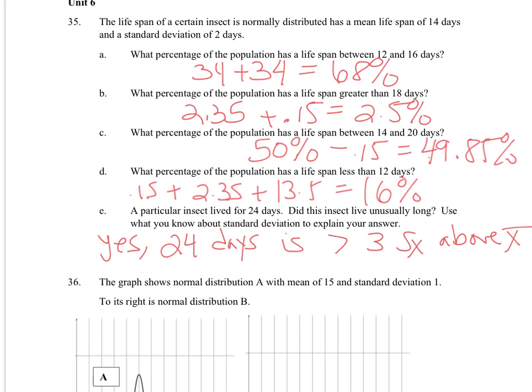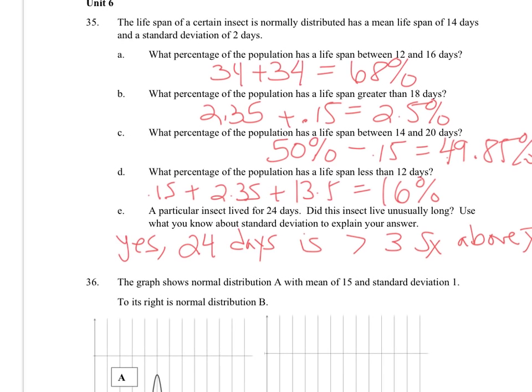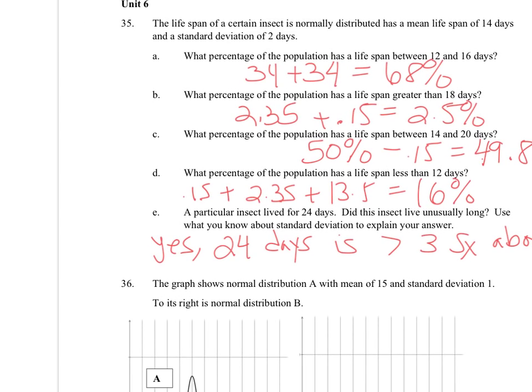You could also, for part E, calculate a z-score. So the z-score would be 24 days minus the mean divided by the standard deviation, and that's 5.5 standard deviations, which is way above the mean, so that is an unusually long time.